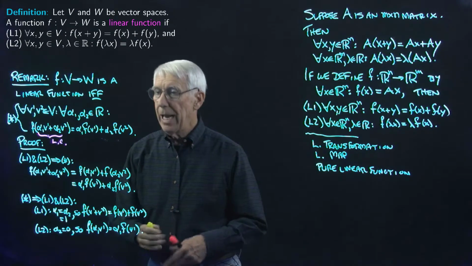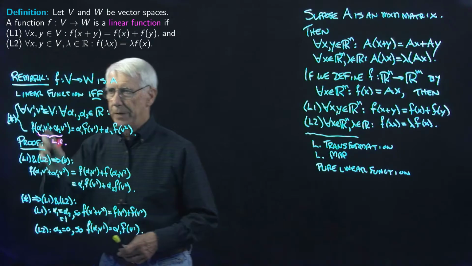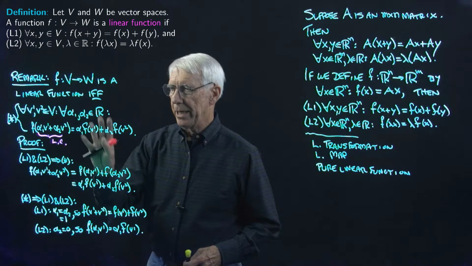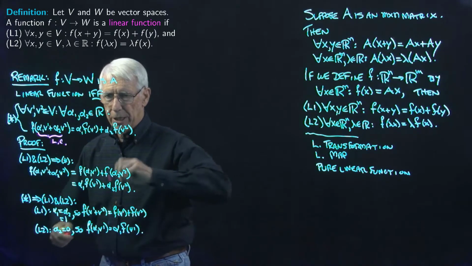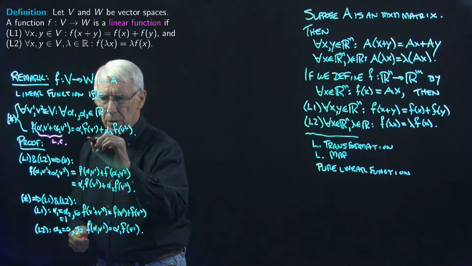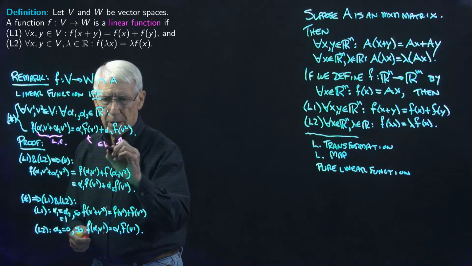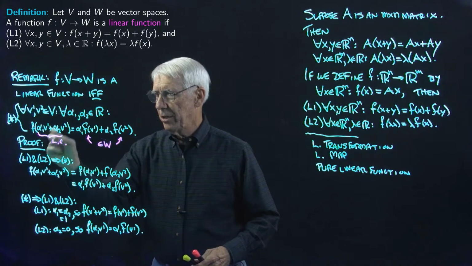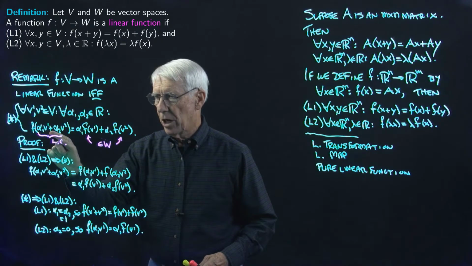Again, we should also note here that the vectors are in V, and I think I said Rm here. The images are in W. So we should point out here that the images, of course, are in W, and the arguments are vectors in Rn.